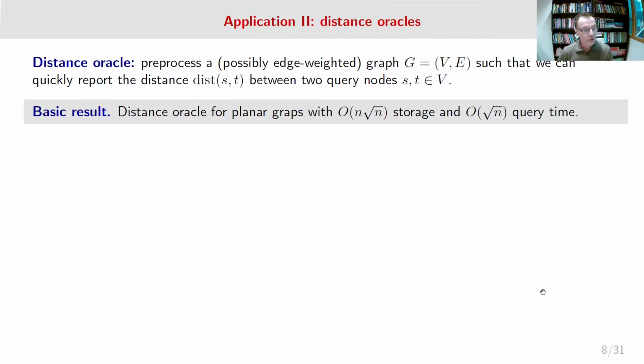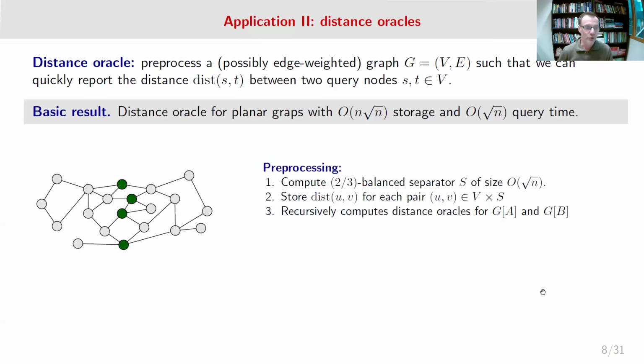And again, if you have a planar separator, that's actually trivial to obtain, because what you do, you take your separator, you compute a balanced separator for your graph. Then for each node in your graph, you take the distance of that node to each of the points on my separator.